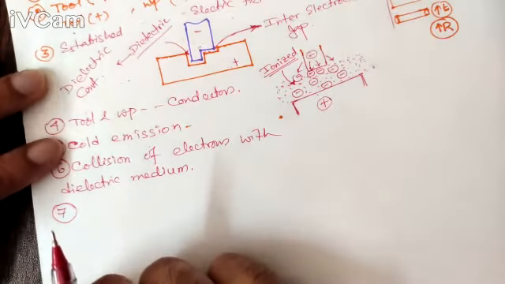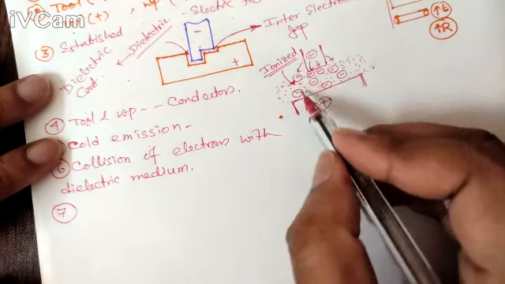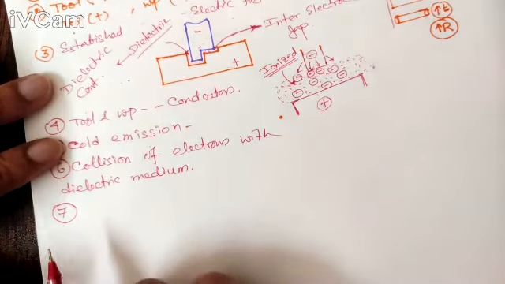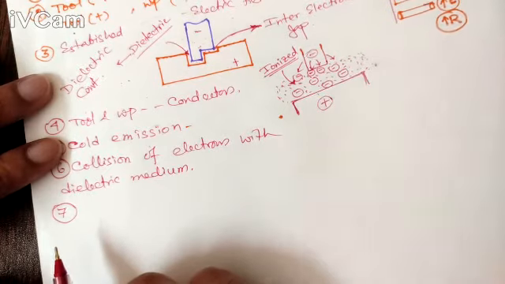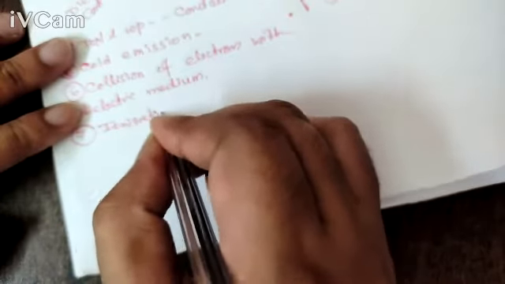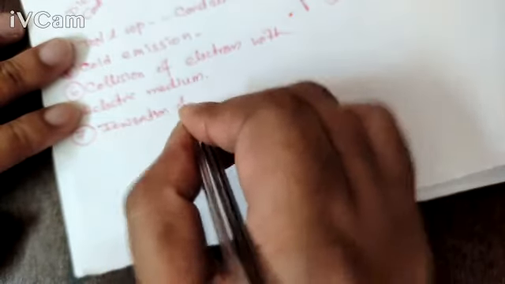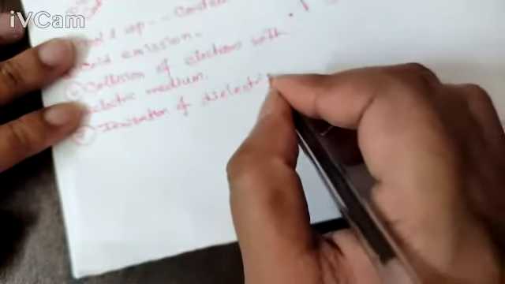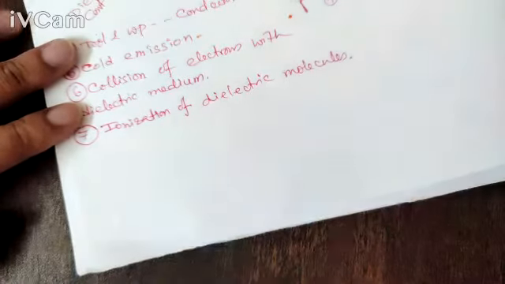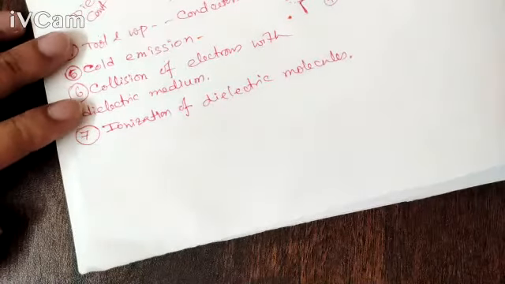Clear? Because of the collision of electrons, these molecules will be ionized temporarily. So this is ionization of dielectric molecules. Okay, so this is about primary collision.